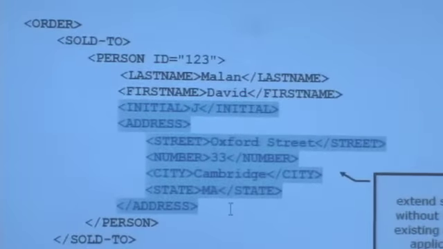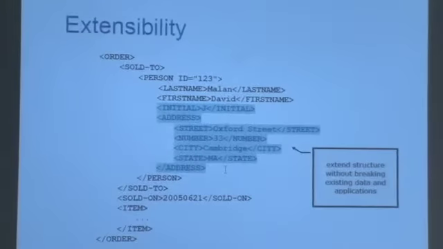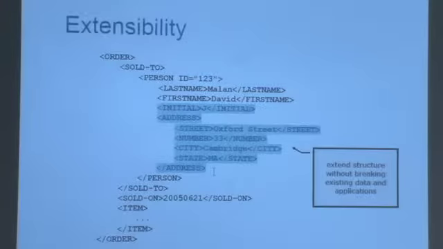But let's say for some reason later on we wanted to include the person's middle name, initial, and address, and other information. We can just stick this information into this XML file, which makes it really easy for the user to add and take out information from the XML page.